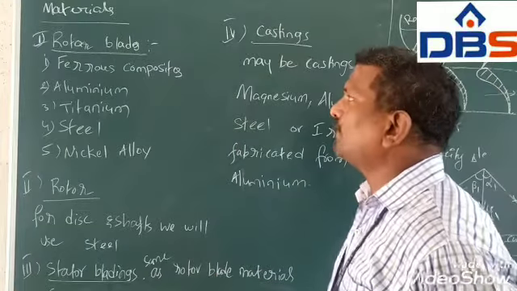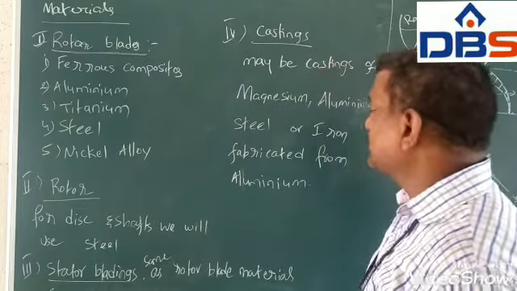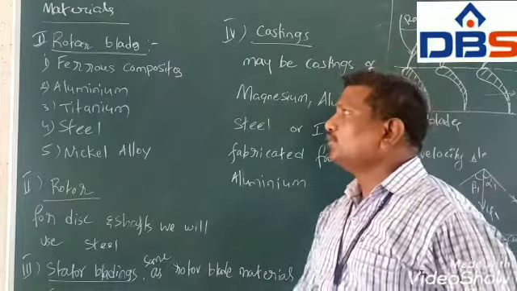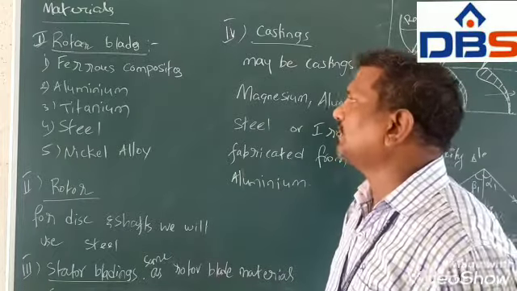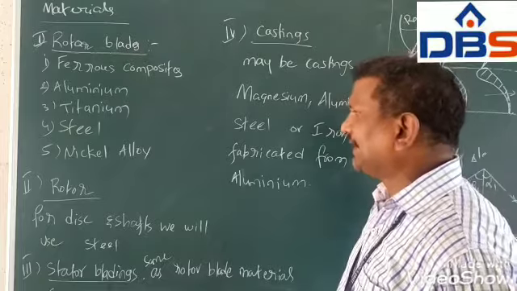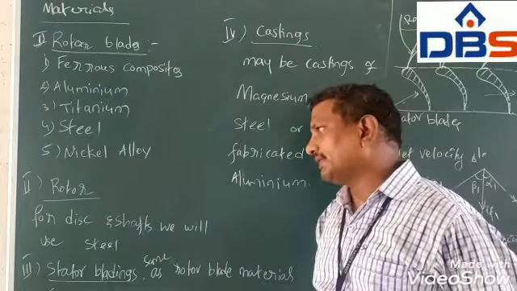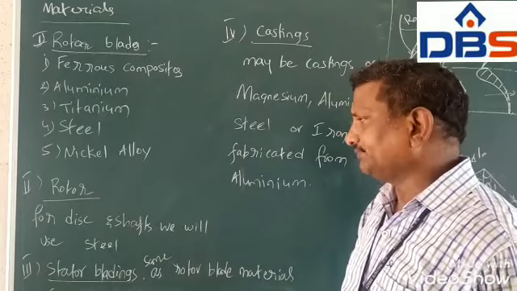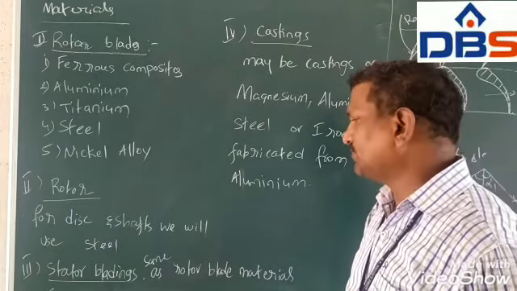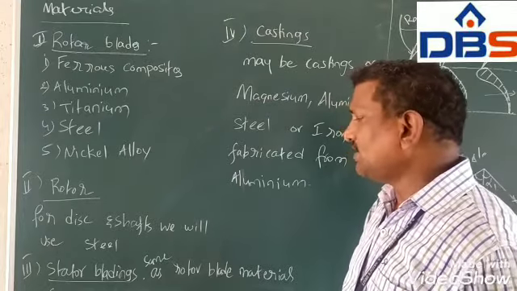Now the materials used for the rotors, rotor blades, shafts, stator blades and castings. For rotor blades, we may use ferrous composites, aluminium, titanium, steel and nickel alloy. For the disc and shafts, we will use steel. From the steel, we will produce these discs and shafts.